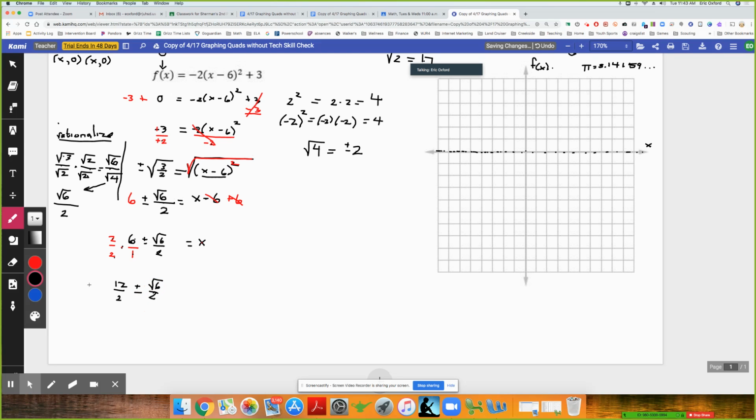And I'm going to put the x equals here because it's easier to go left to right. And so really, if I were to rewrite this even simpler, this would be 12 plus or minus the square root of 6 over 2. So kind of see where I'm going here with this. Now, at this point, I've done everything that I can. I can't simplify anymore.